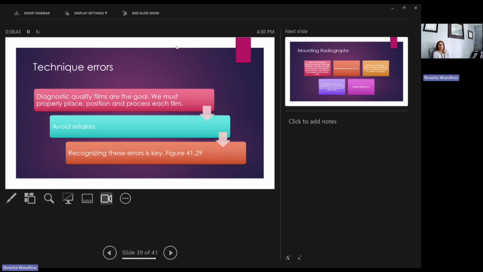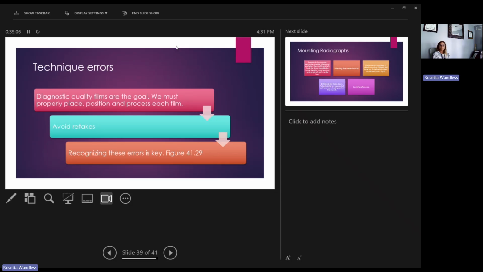Now let's talk about a couple of technique errors of what would happen here. We talked about the vertical angulation, the horizontal angulation, what that would look like. So diagnostic quality films are the goal, which we know. Why? We want one picture to get exactly what we want, so we don't have retakes, so we don't expose a patient unnecessarily.